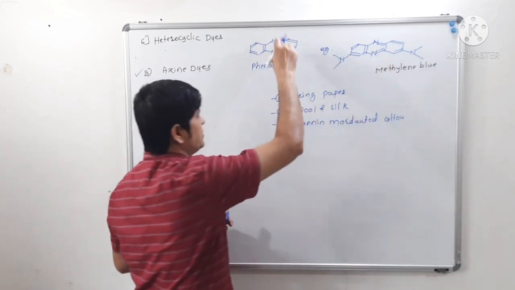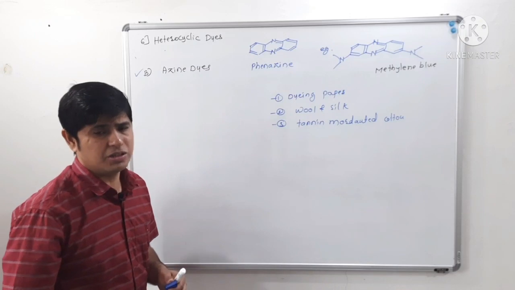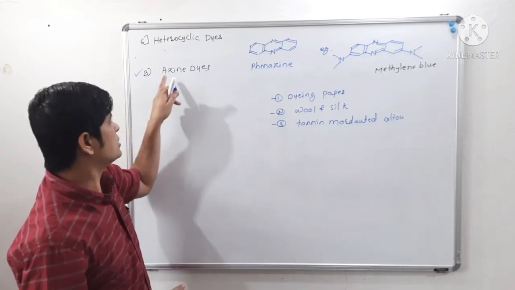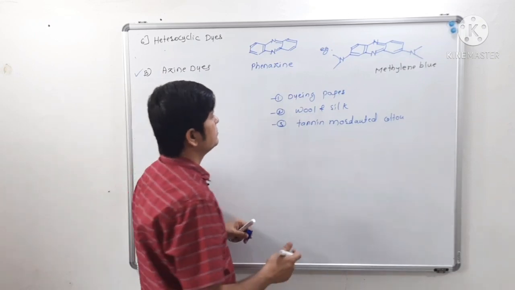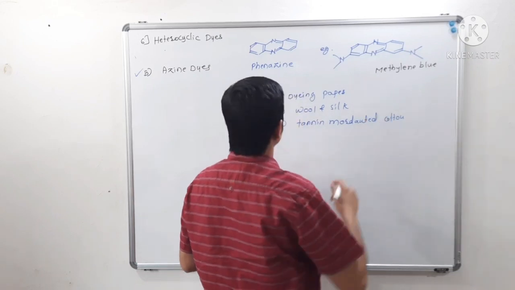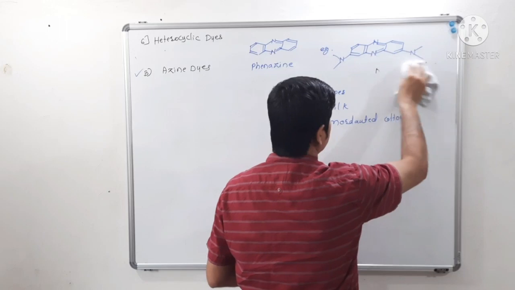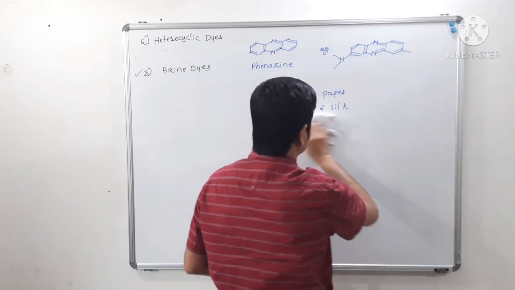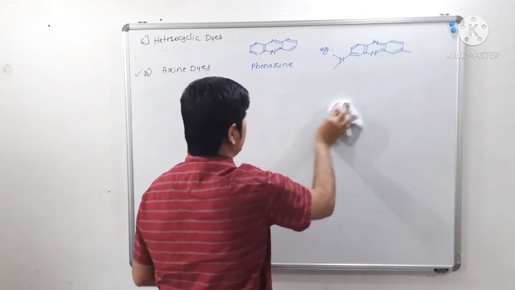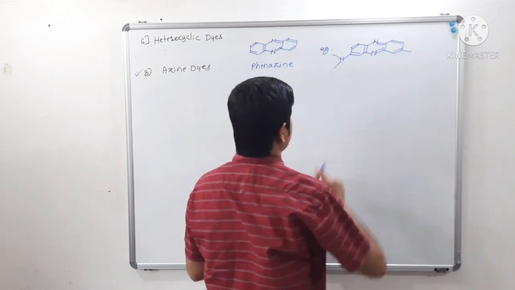Phenazine is not an example; phenazine is the basic core structure of azine dyes. Now these phenazine dyes, that is azine dyes, have an example.